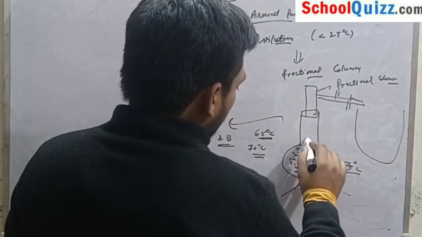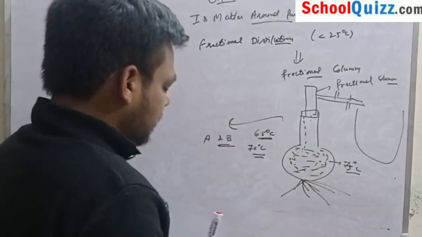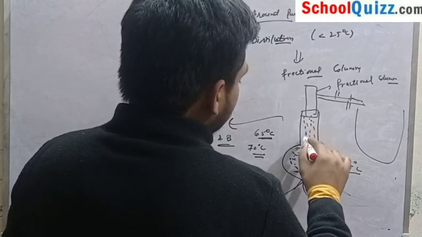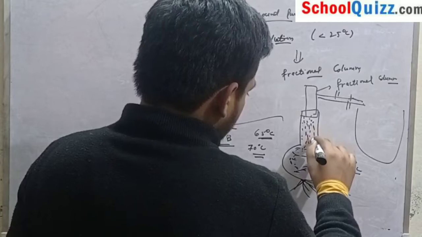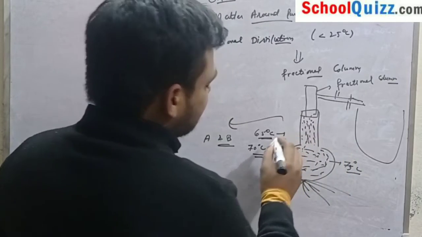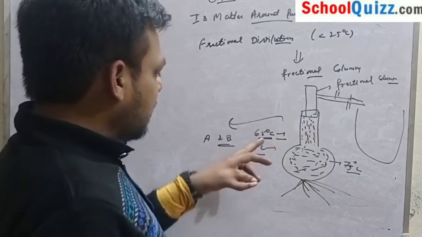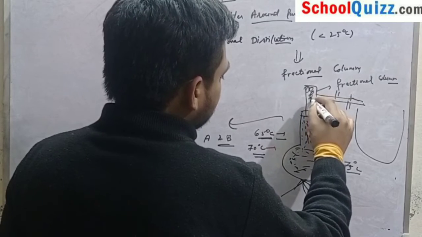When vapor comes, both types of vapor come, like 65 as well as 70 degrees Celsius. Like the black one is of 65 degrees Celsius and the red one is of 70 degrees Celsius. This is a fractional column.